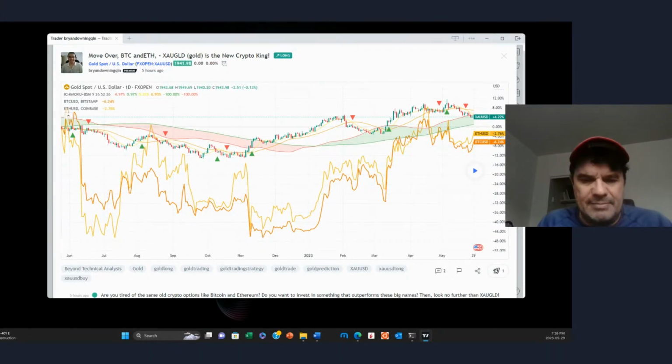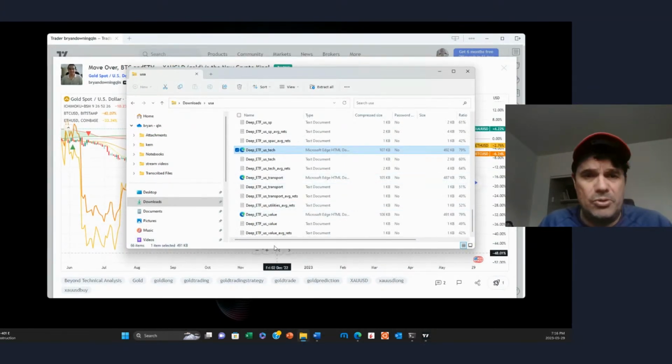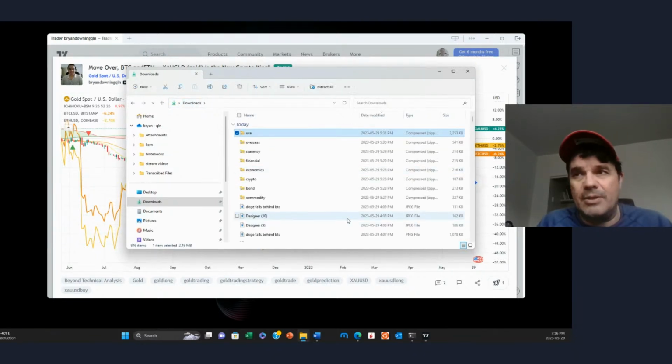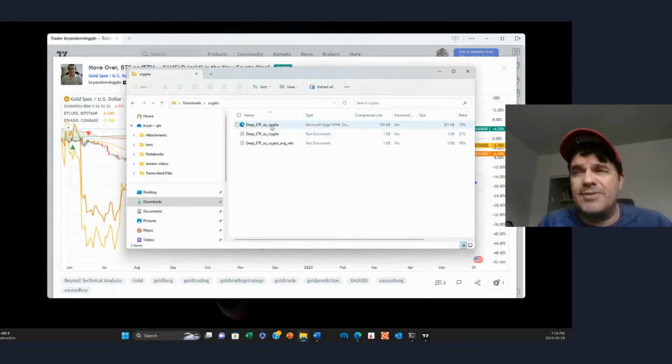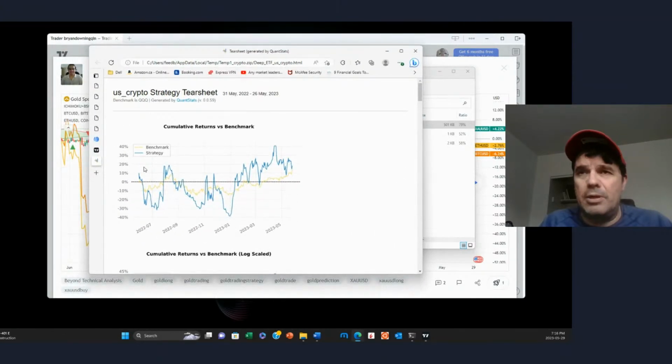So let me go back to my other reports here, and I want to show you something that's really important, comparing crypto against all these other ones. So I'm going to show you the most profitable one over the last year. And this is basically showing you the return of, this is Litecoin here in blue. Okay. So that right there against your benchmark of the QQQs.